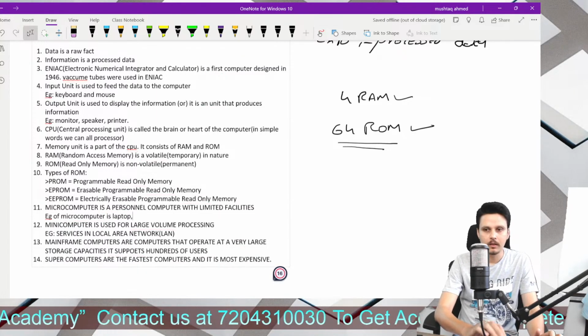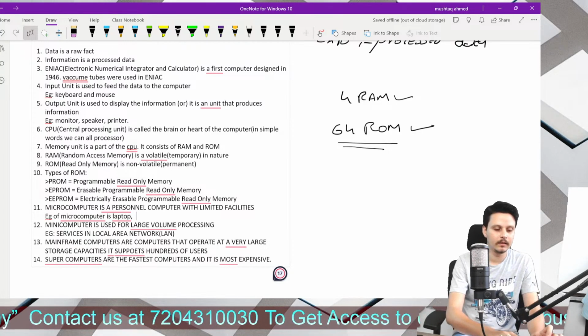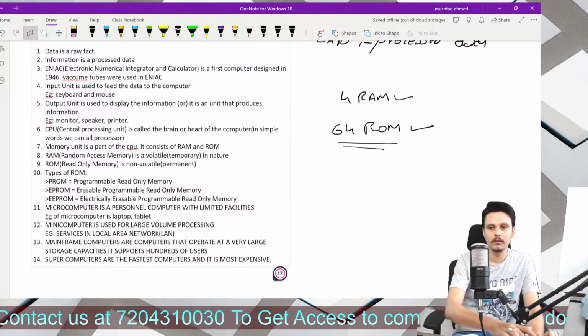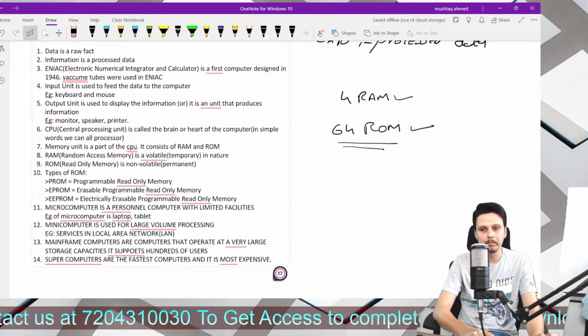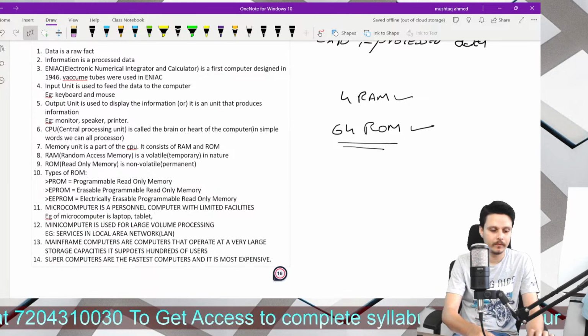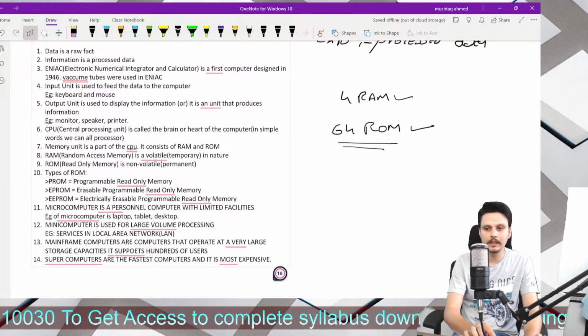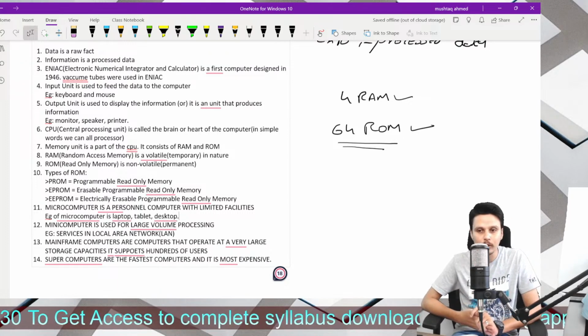Laptop, tablets and PC, which means personal computer, desktop. So these three are the examples for microcomputers.